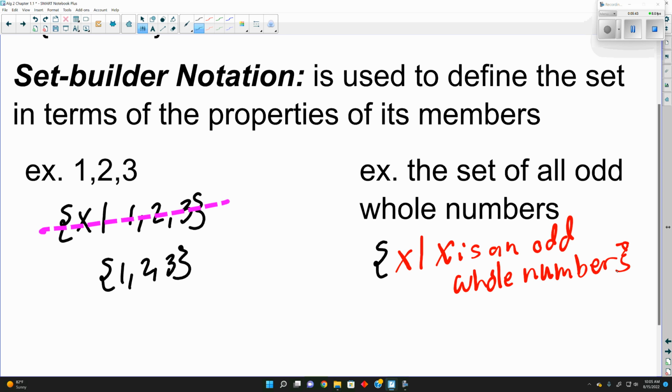I wrote it on 2 because I ran out of room. But that's it. There's other ways we can write it, and we'll look at those in a minute. But this is why set builder notation is nice, because I can define this set, this group of numbers, in a nice, easy way without having to list every single one of them. Questions on this so far?